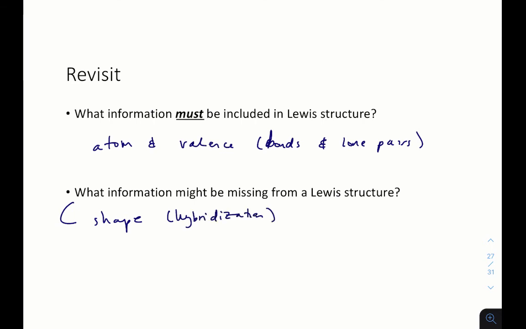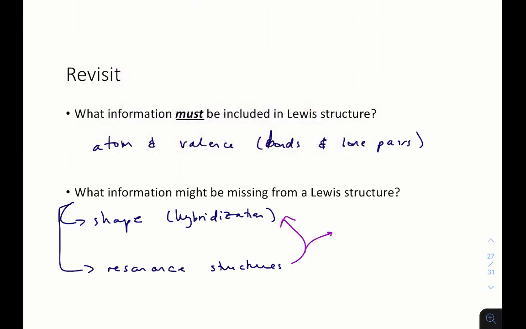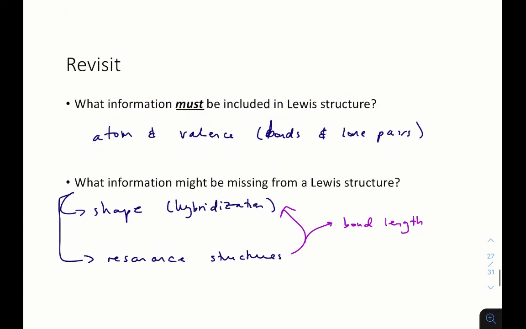So we do need to count electron domains, think about shape, and also whether or not the molecule is described by resonance structures, which will affect what? Well, that will affect hybridization. We've just seen that. That will affect bond length. Is it a single bond? Is it a double bond? Etc. So we really have to think carefully when we look at a Lewis structure.